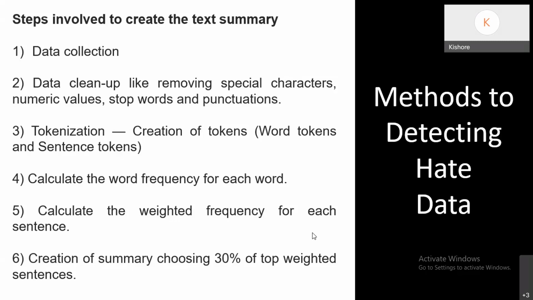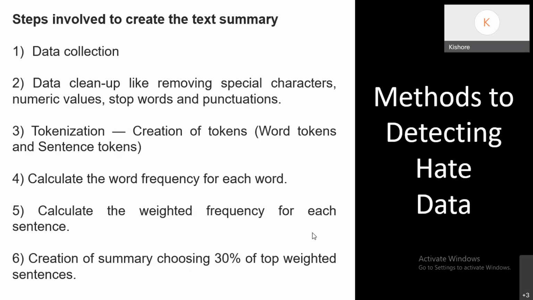Before passing it on to the model, there is something called tokenization. When we are looking into summarization, one of the major important concepts is tokenization. So what is tokenization? Tokenization is nothing but creating tokens.